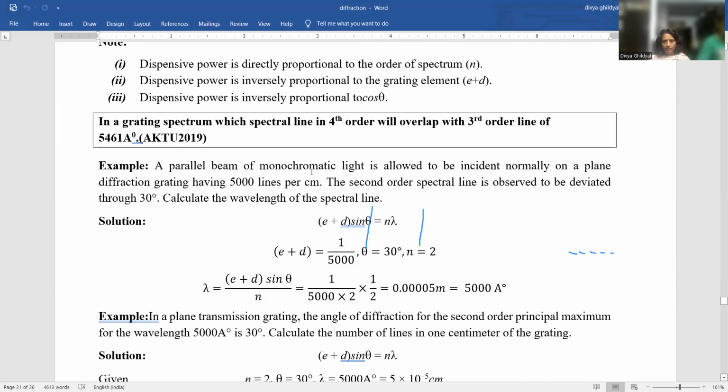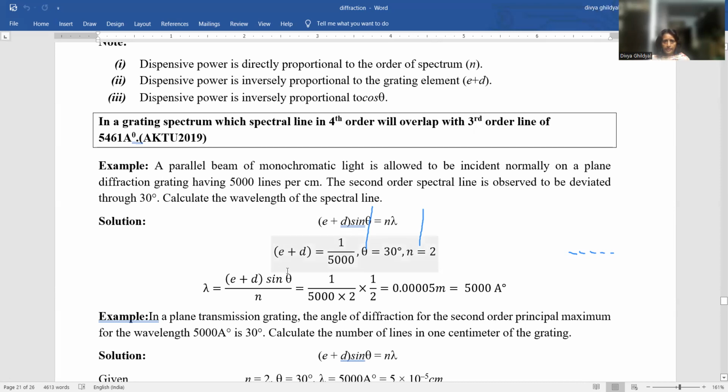A parallel beam of monochromatic light is incident normally on a plane diffraction grating having 5,000 lines per centimeter. The second order spectral line is observed to be deviated through 30 degrees. Calculate the wavelength.